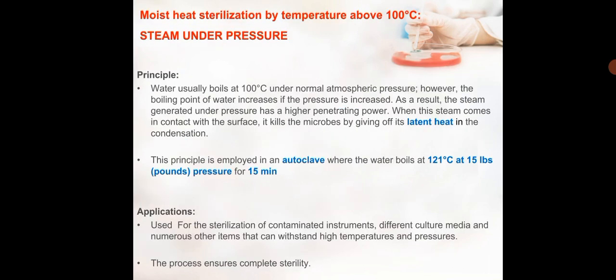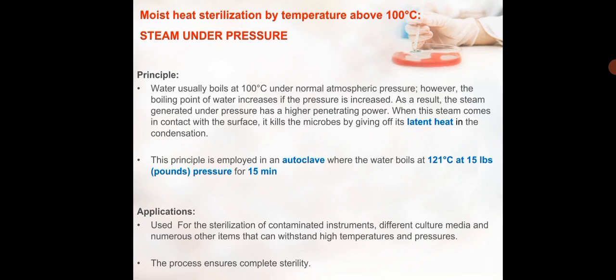Moist heat sterilization attained at a temperature above 100 degrees Celsius includes steam under pressure. Water usually boils at 100 degrees Celsius under normal atmospheric pressure. However, the boiling point of water increases if the pressure is increased.